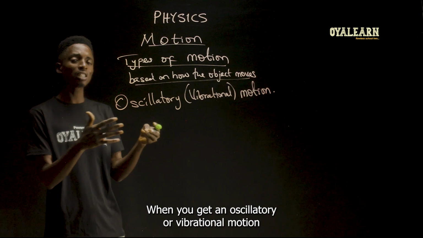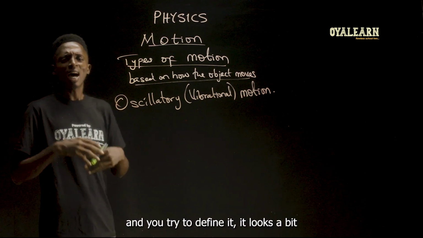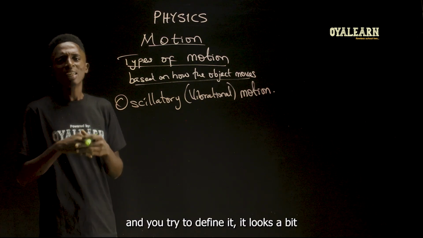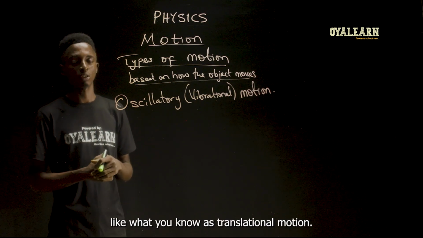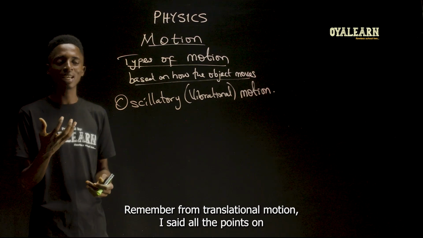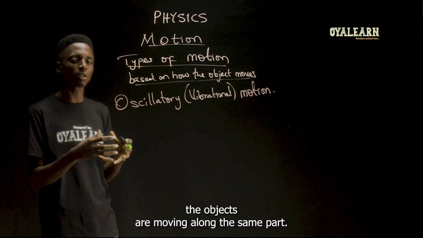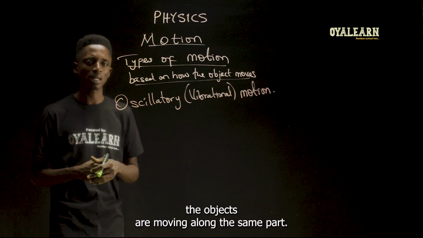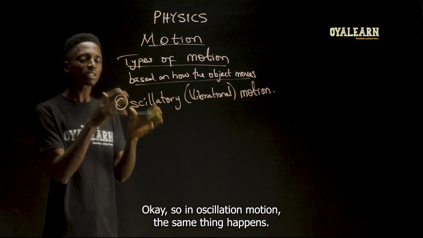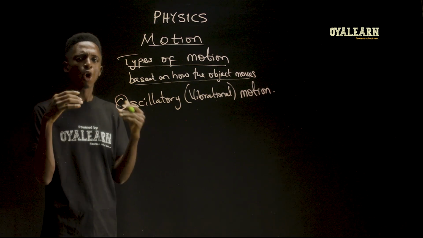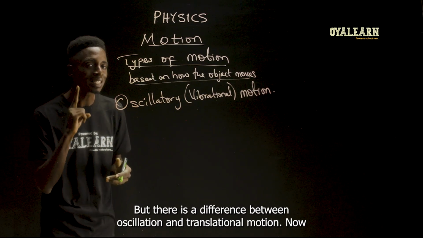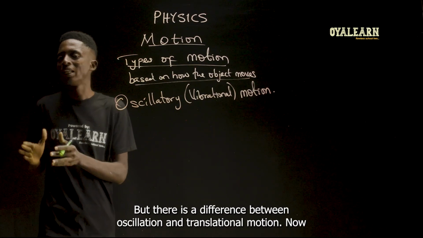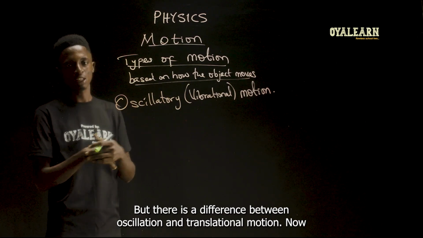When looking at oscillatory or vibrational motion and you try to define it, it looks a bit like what you know as translational motion. Remember from translational motion, I said all the points on the object are moving along the same path. Okay? So in oscillatory motion, the same thing happens. All the points on the object are moving along the same path. But there is a difference between oscillatory and translational motion.